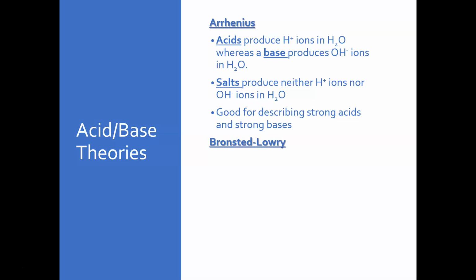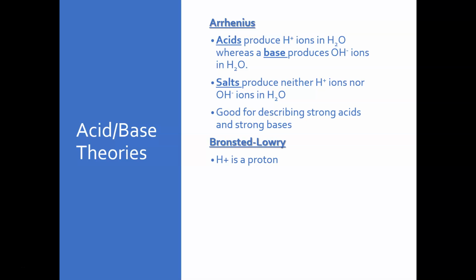But then Bronsted-Lowry came along and was like, although that's good, that's not quite right. Bronsted-Lowry said that essentially a hydrogen ion, H+, is just a proton, because hydrogen only contains 1 proton and 1 electron. So hydrogen plus has lost that 1 electron, so it is just a proton.